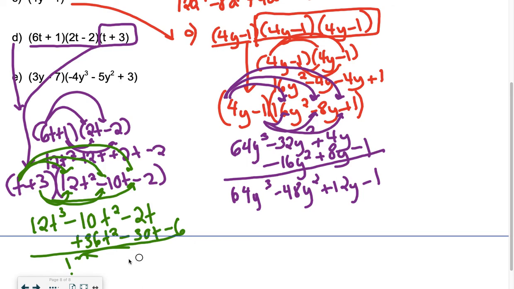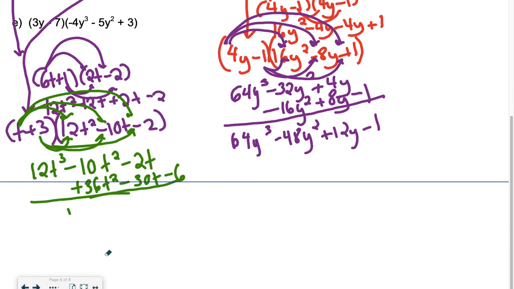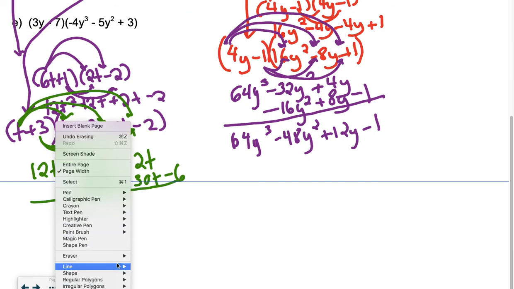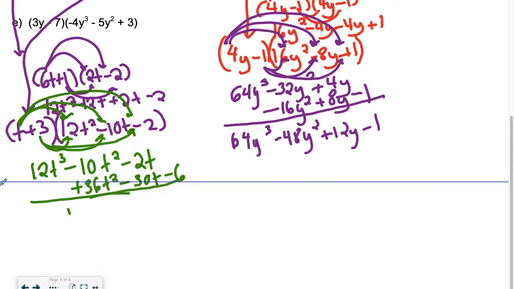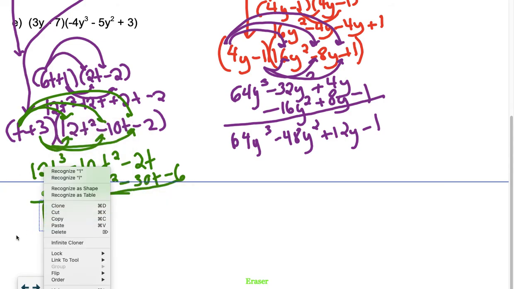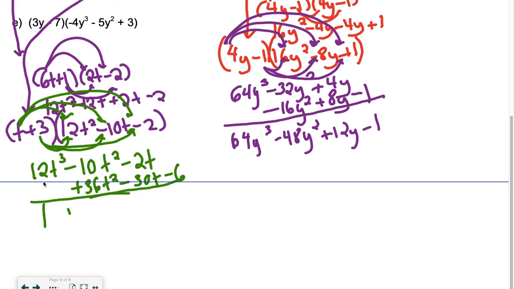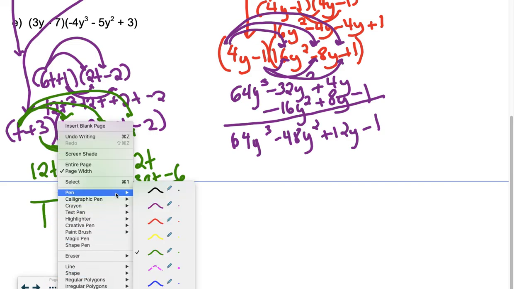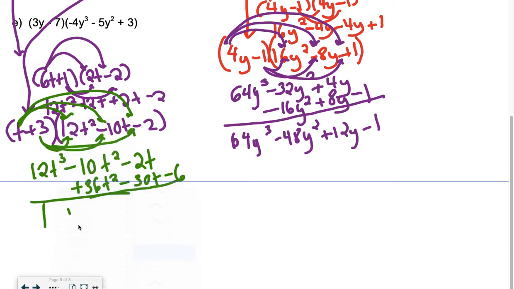So that's going to be 12t cubed plus 26t squared minus 32t minus 6. So again, you're just going to multiply two and then bring the other one into the picture.